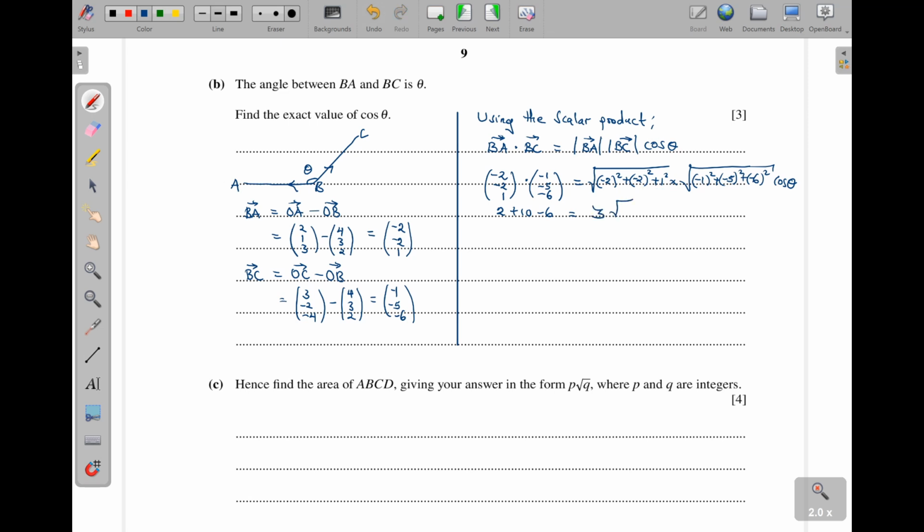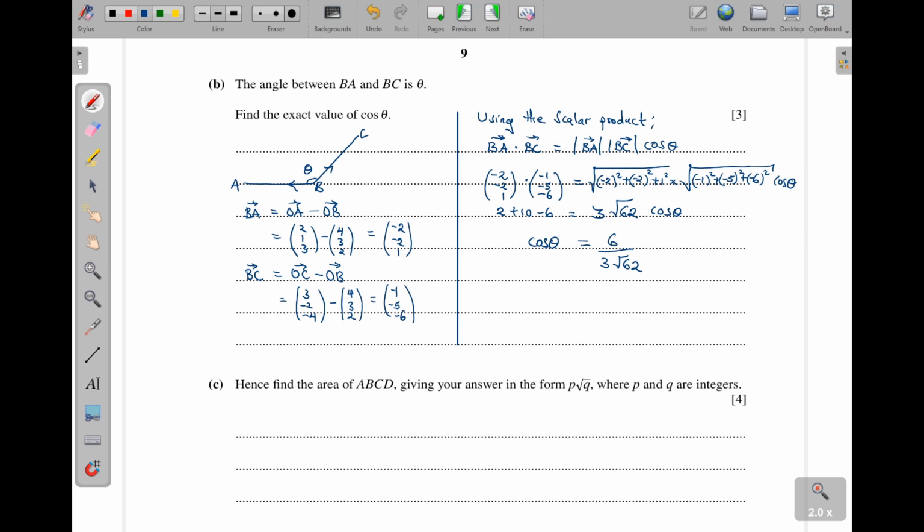And then here we have 25 plus 1, that is 26. Then 26 plus 36, that one gives us 62. So we shall have root of 62 here, cosine of theta. So cosine of theta is going to be equal to, and this is 2 plus 10 minus 6, that one will give us a 6. So I'll write 6 here, then I divide by 3 root of 62.